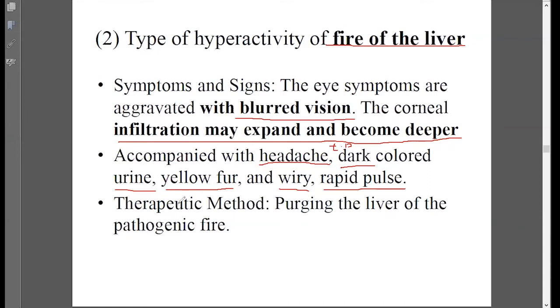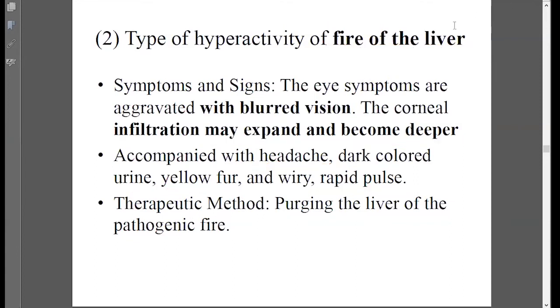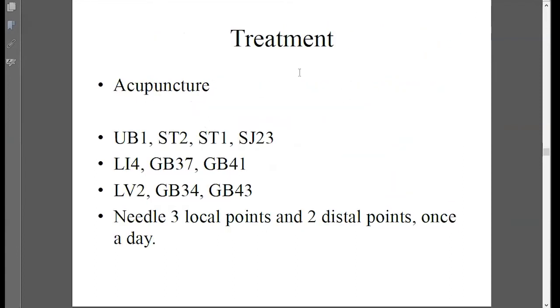And the treatment principle: purging the liver fire and benefit the eyes. The points: local points the same, and the distal points.